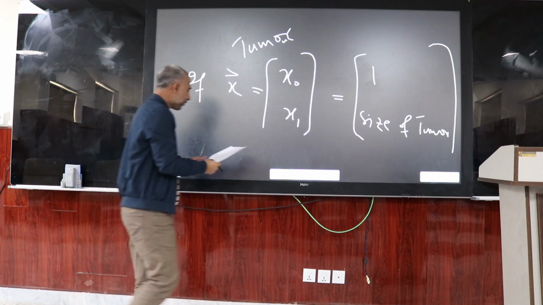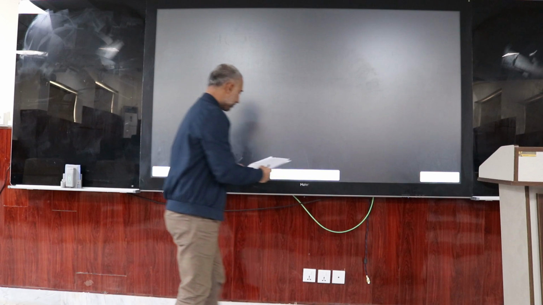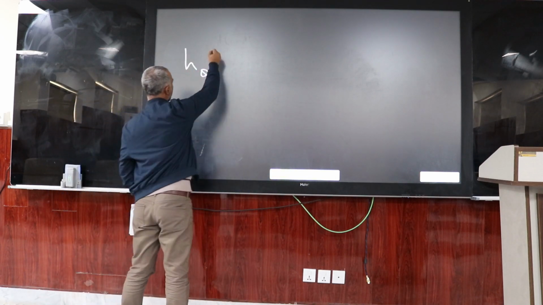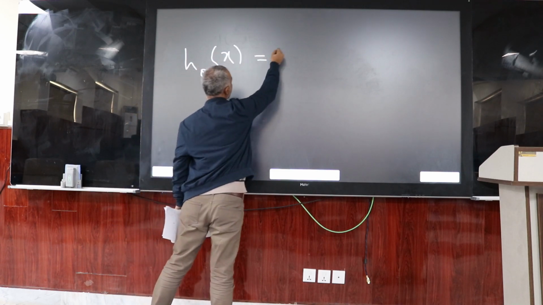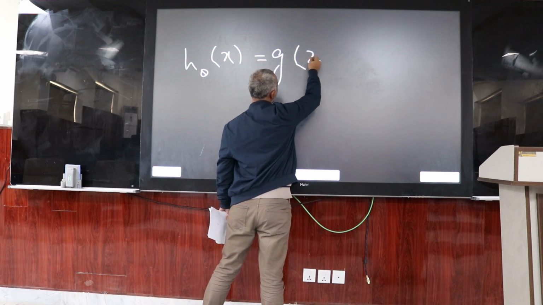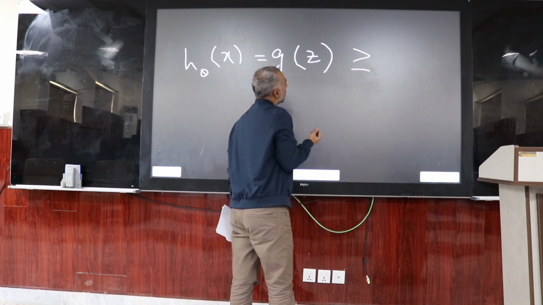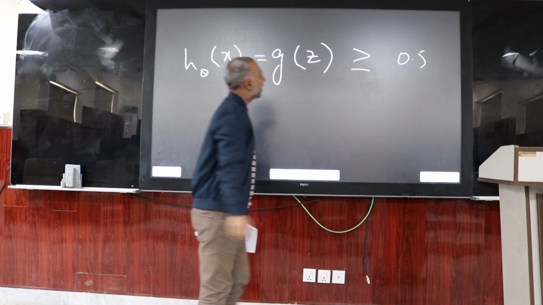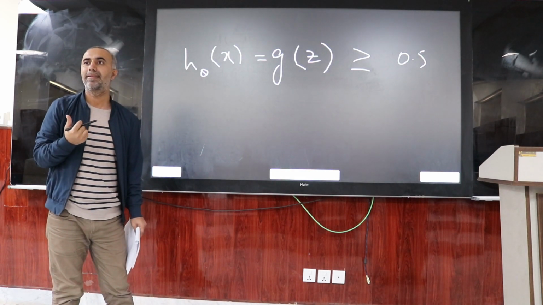So if your hypothesis function, g of z, is greater than or equal to 0.5, then the tumor is malignant.